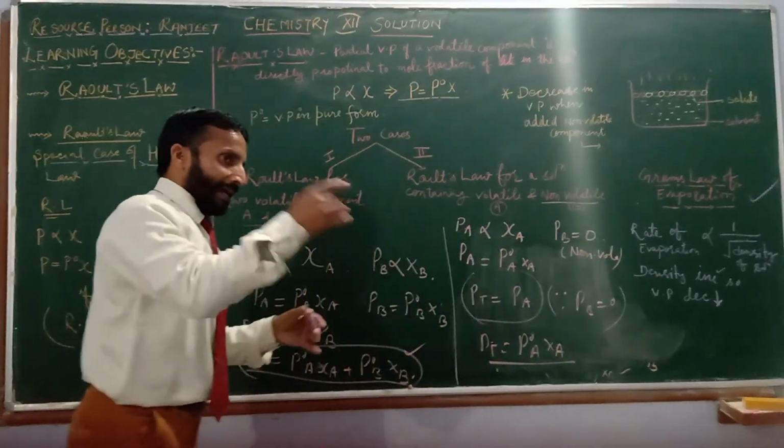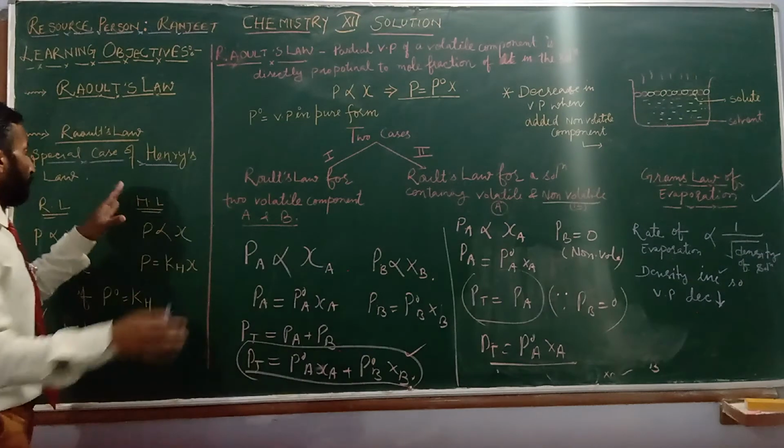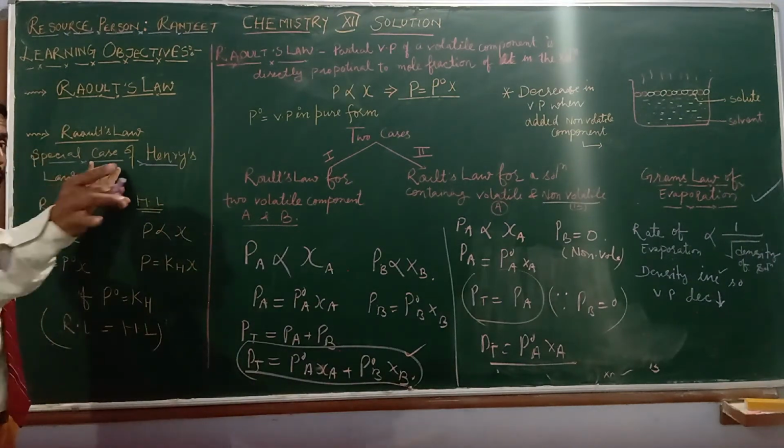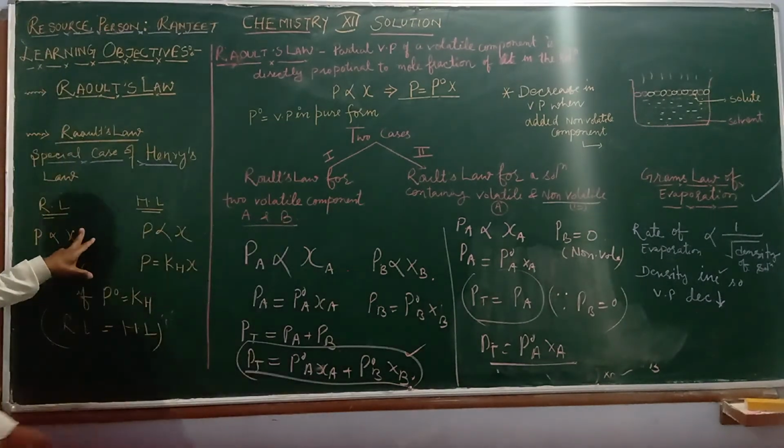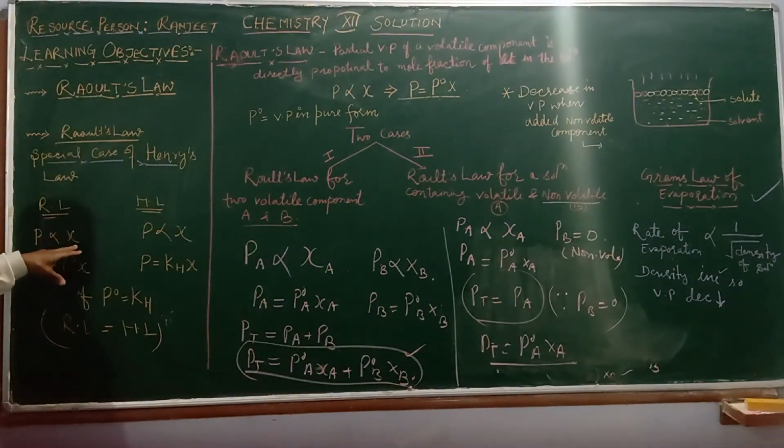Alright, at last we will compare. I have told you that Raoult's law is a special case of Henry's law. We can see here Raoult's law is directly proportional to mole fraction, and here the constant is P naught.